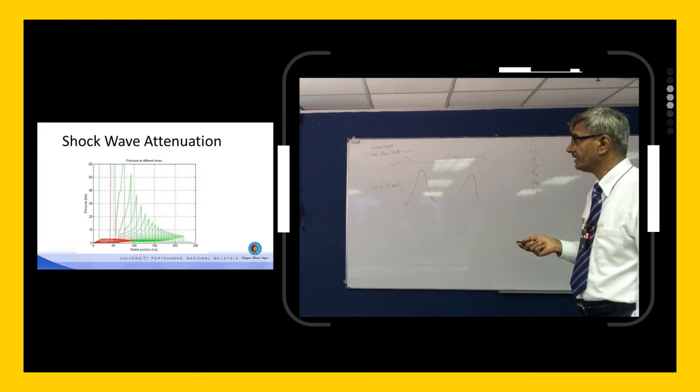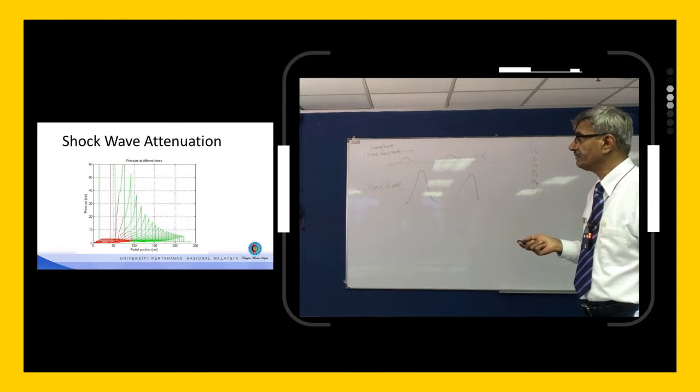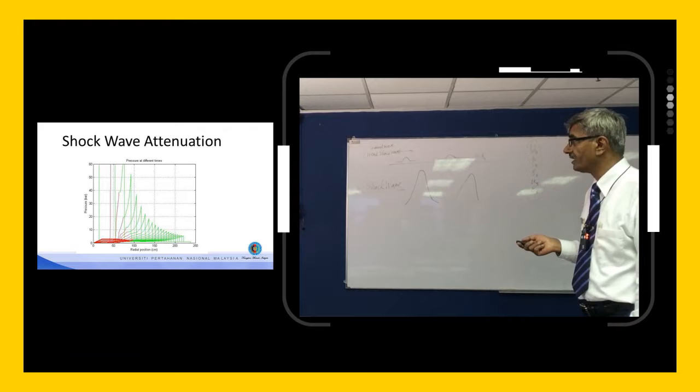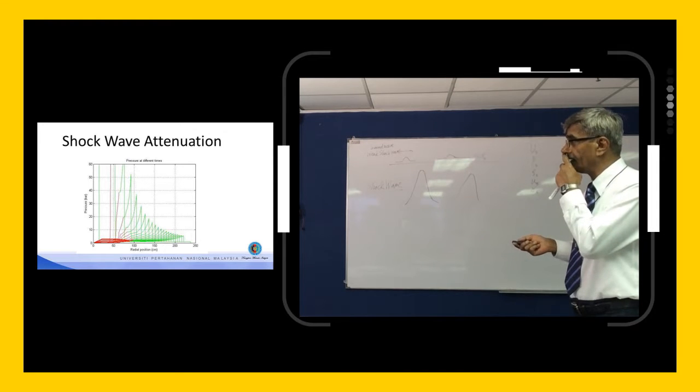Now the second curve, this is the first curve. The second curve is plotted 0.1 milliseconds later, and similarly 0.1 millisecond later the third and fourth, and so on and so forth. Now let me consider this peak, which is plotted at 0.3 millisecond or 300 microseconds.